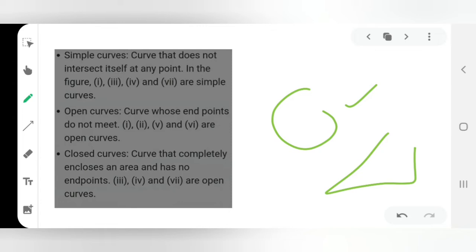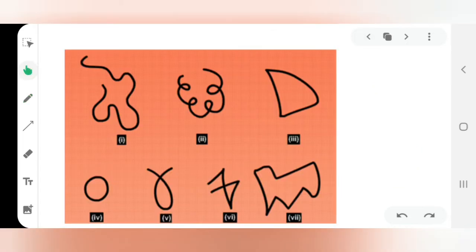Its starting point is here and its ending point is here; they are not meeting each other, so this is also an open curve. Here also the endpoints are not meeting, so it is an open curve. In this one the endpoints are meeting, so it is not an open curve. Similarly, this is not an open curve. This is an open curve and this is an open curve, but here, no.